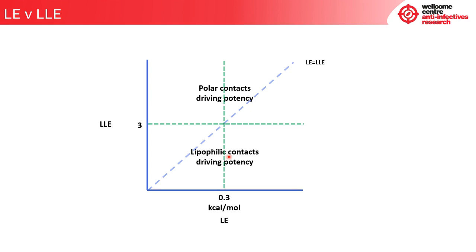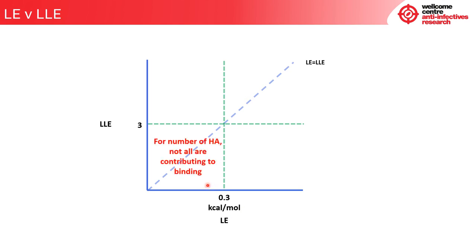If you fall in this space of the graph here, you have a low ligand efficiency value and a low LLE value. Often molecules found in this region of the graph are potentially larger. Not all their atoms are contributing to binding, and they are perhaps more on the lipophilic side.